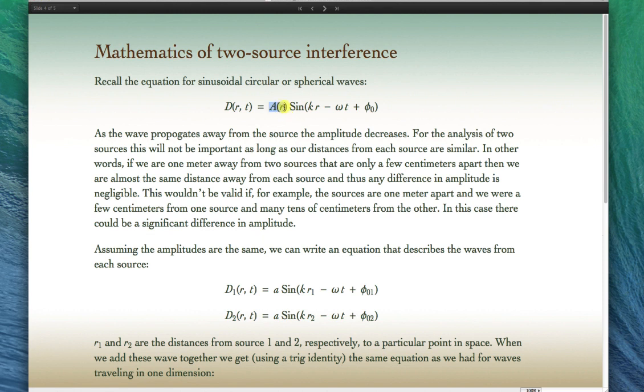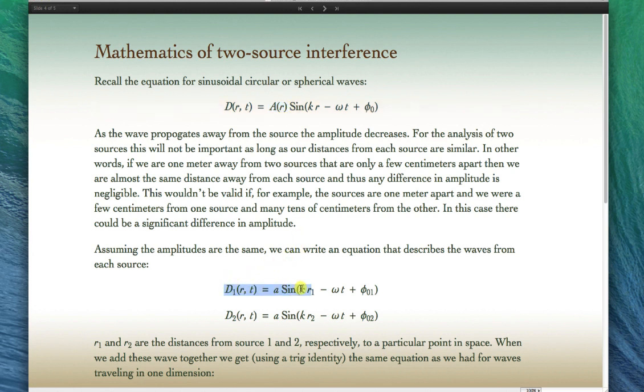So this amplitude won't necessarily be the same for each one. But we're going to look at not really an approximation, but just a situation where we are at a larger distance. Let's say we're a meter or two away from the sources, and the sources are just a few centimeters apart. In that case, we're pretty much the same distance from each source. Not exactly the same, but close. And the amplitudes, therefore, are pretty close to being exactly the same. So for simplicity reasons, we'll just assume that they are the same.